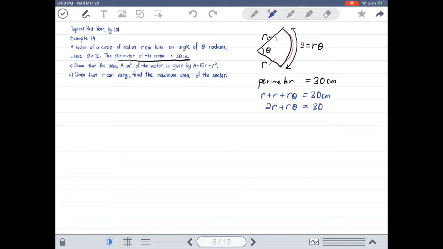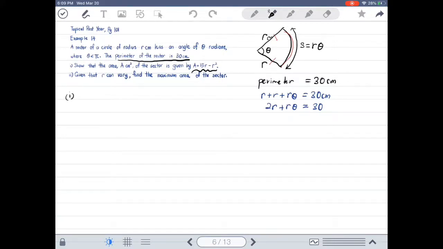Question number 1. Show that the area A of the sector is given by A equals 15r minus r squared. We need to show that A is equal to 15r minus r squared.